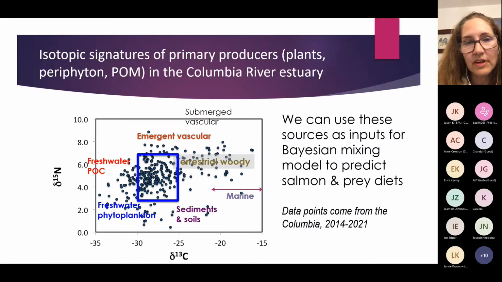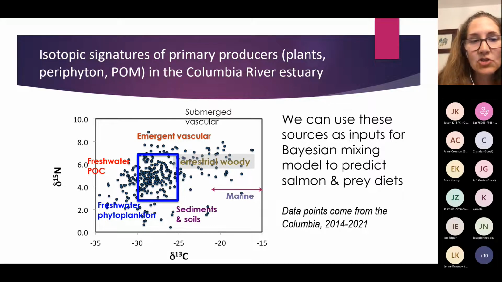So we investigate this sort of thing by looking also at isotopes. Sarah made some reference to this. This is just a scatter plot of all of the different data points that we have from the time period between 2014 and 2021. You can look at these data points in terms of their carbon and nitrogen isotopic signature and use the differences in the different groups to then predict what's making it into a higher trophic level, like salmon.